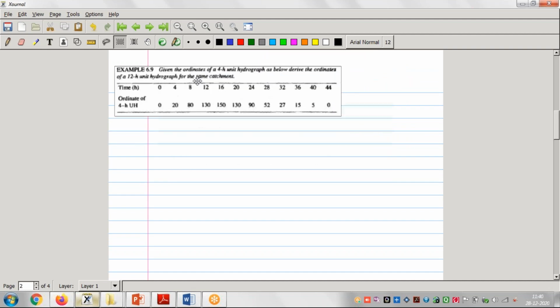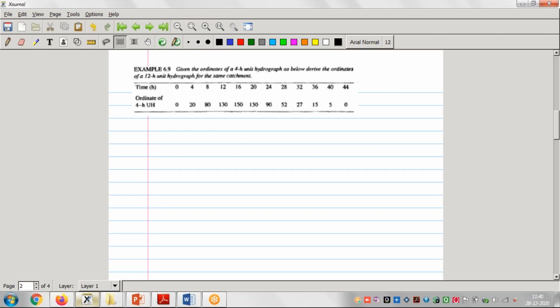So this data means, over the catchment, this is my catchment. At this point, after every 4 hours, 0, then 4, 8 hour, 12 hour, how much quantity of water is flowing through, this Q we collect and we draw the graph. Now this is because of 1 centimeter rainfall.